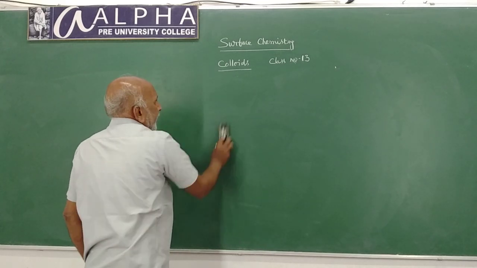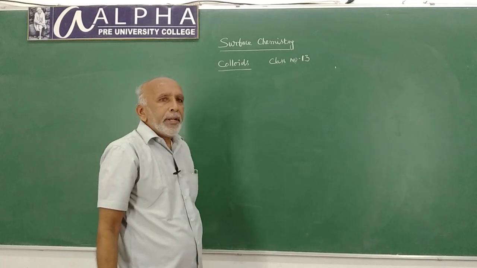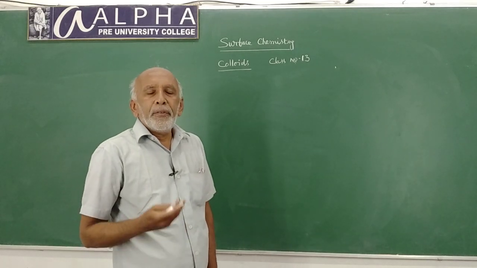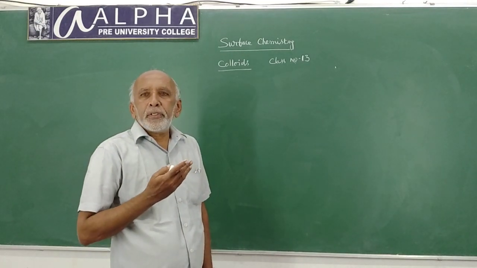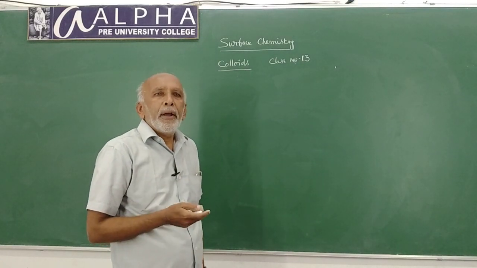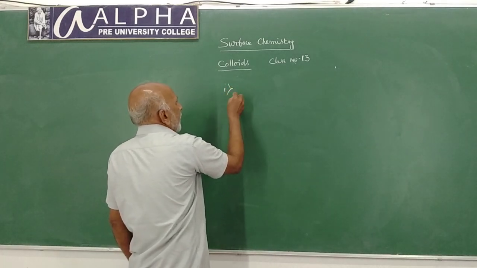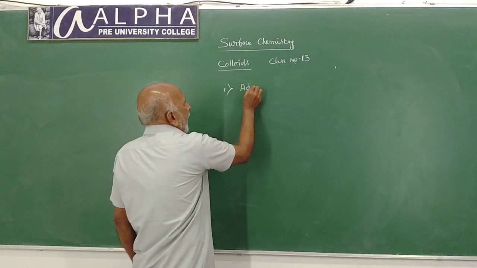On addition of electrolyte to a sol, coagulation takes place, where neutralization of charge of the particles takes place by the ions of the added electrolyte.